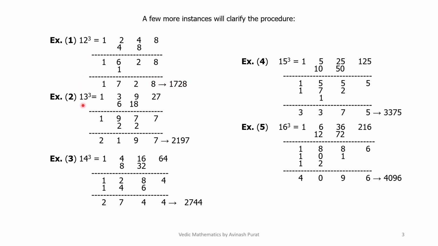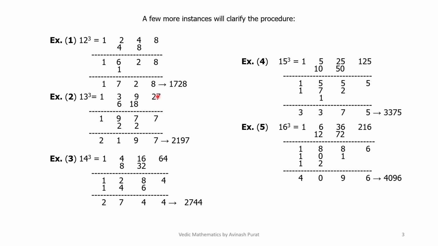Second example, 13 cube. Again the cube of 1 is 1 and the ratio is 3 to 1. So 1, 3, 3 into 3 is 9, 9 into 3 is 27. Second digit 3 multiplied by 2 is 6, 9 multiplied by 2 is 18.